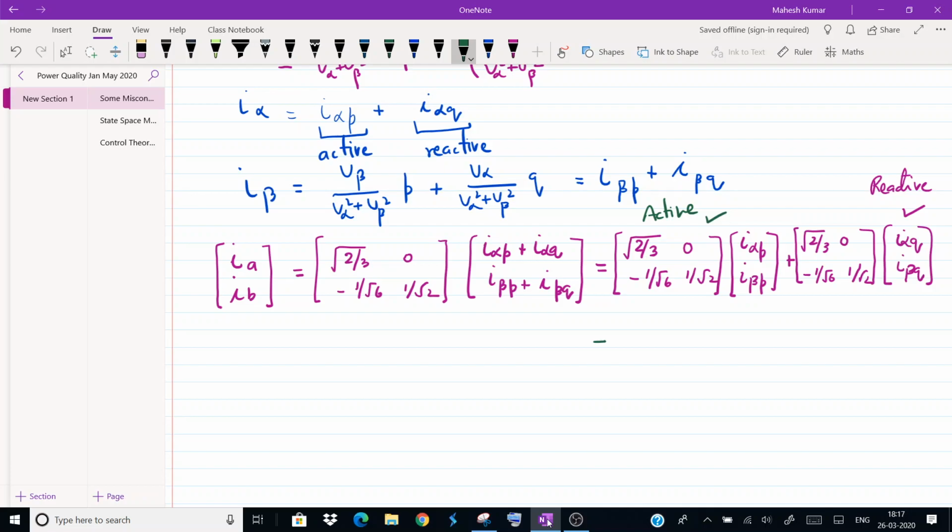It seems that this forms IAP, this is IBP, and this is IAQ, this is IBQ. So this resolution tells how the active components in alpha beta get transformed to these components, and how the reactive components get transformed to these. And this is IA, this is IB.